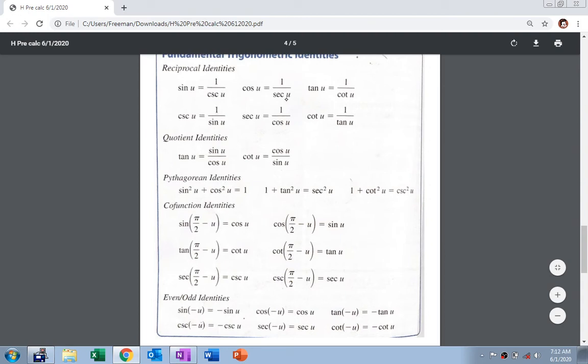Cosine, not going to do anything for me. This tangent, I can rewrite it, and I actually at least get a sine, so that's an option. We don't have negative angles, so we can kind of stay away from the bottom part. So let's try this quotient identity, where tangent u equals sine u over cosine u.